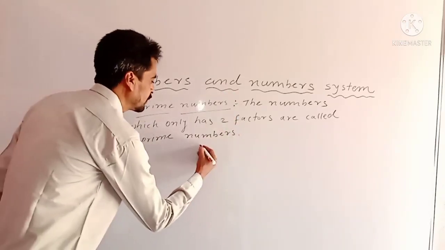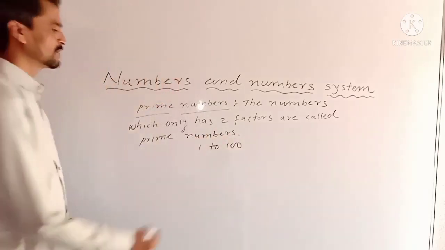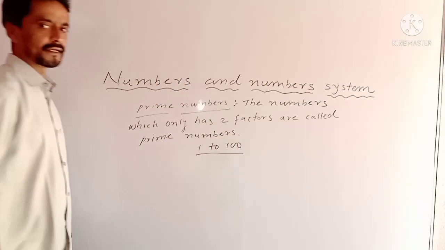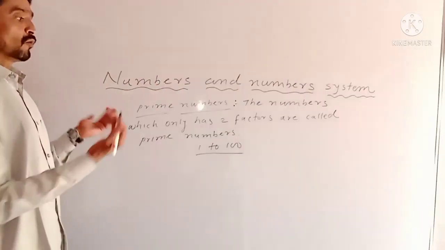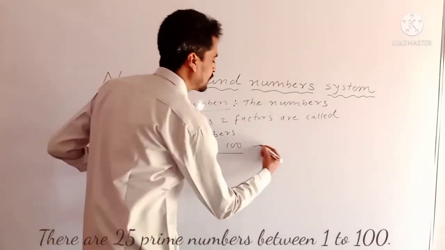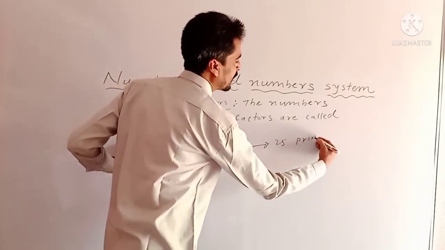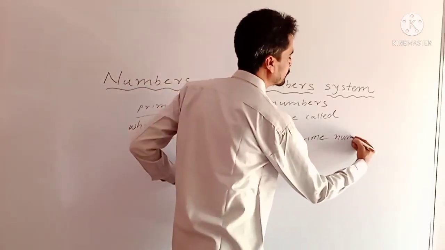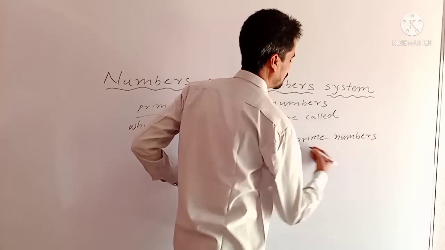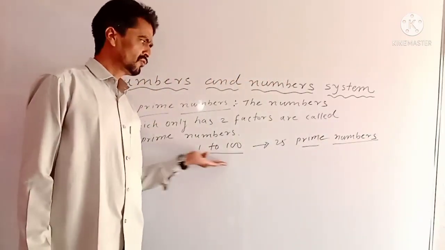If we consider 1 to 100, how many prime numbers are there? There are 25 prime numbers from 1 to 100.